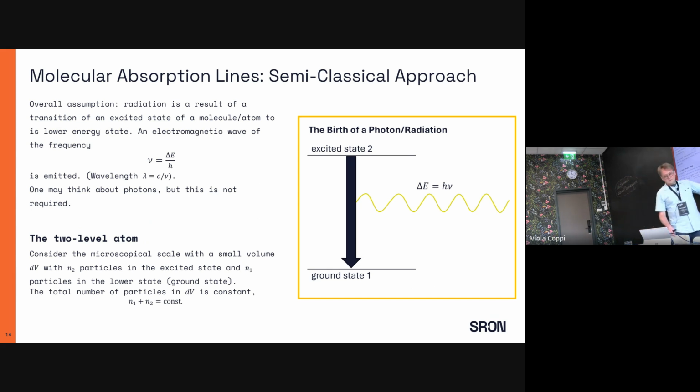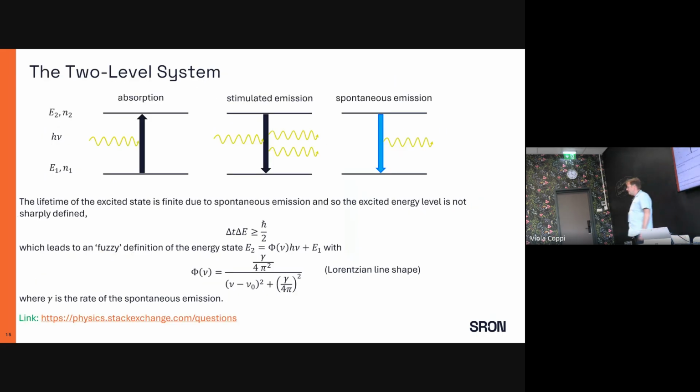And now we look at different processes that such a two-level system can go through. That is a more detailed picture. We talked about emission, but we can also have absorption of light, where the molecule goes from the ground state to the excited state and absorbs the photon, right?